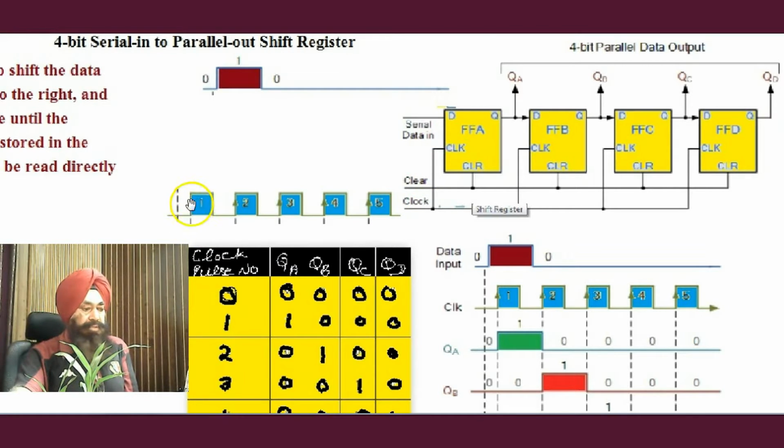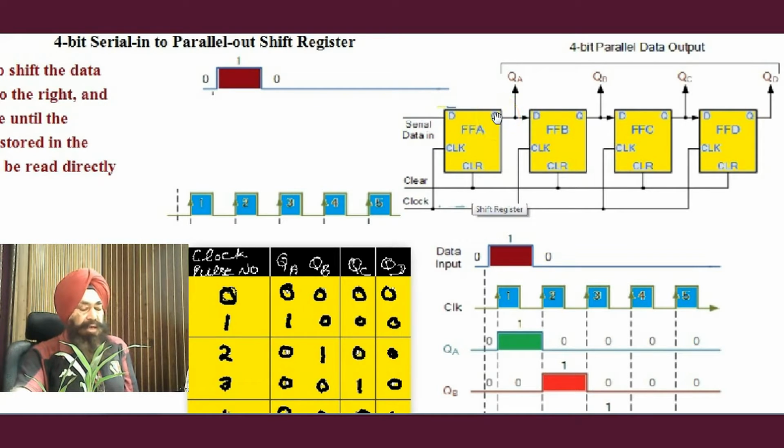The first clock pulse. Now the clock goes high to all the flip-flops. So what will happen? The data here will be transferred to here. And the 1 that was here is shifted to this place.